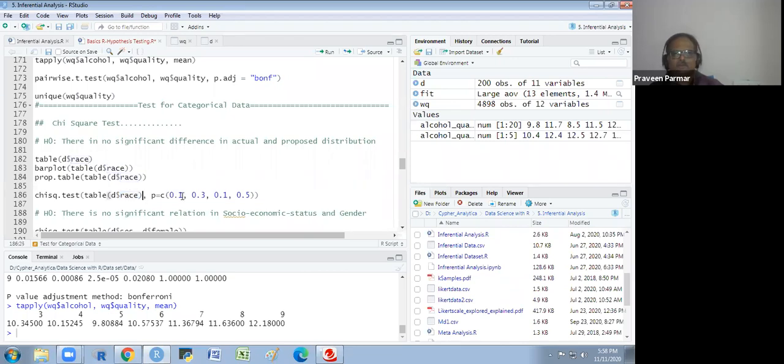So what the government had decided, suppose this is the proportion distribution of the race that should be in any office or the school, whatever. The 10% should be from the race 1, and the 30% should be from the race 2, and 10% again from the race 3, and the 50% from the race 4. Got it? Yes, sir.